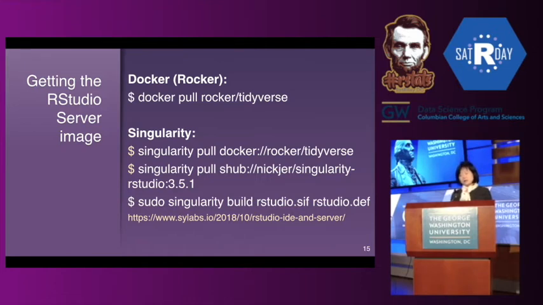Or Sylabs, which is the commercial backend for Singularity, has now created a Singularity cloud. That allows you to build it remotely, and they will push the image back to you. All you have to do is put --remote after build.